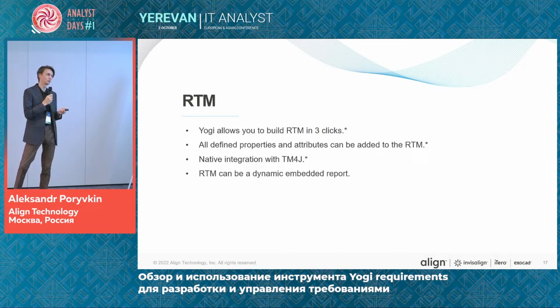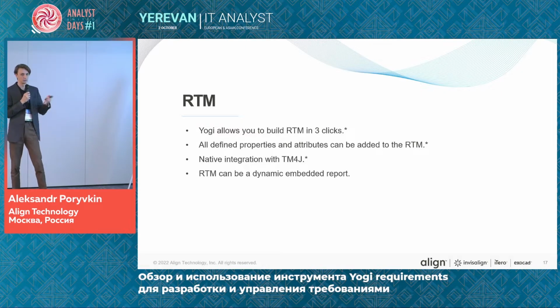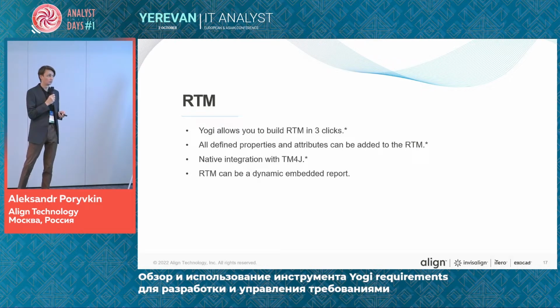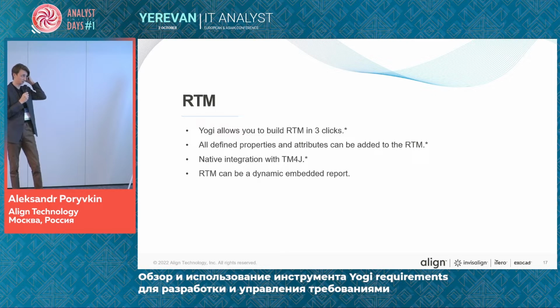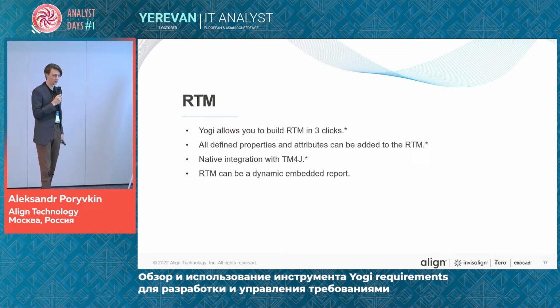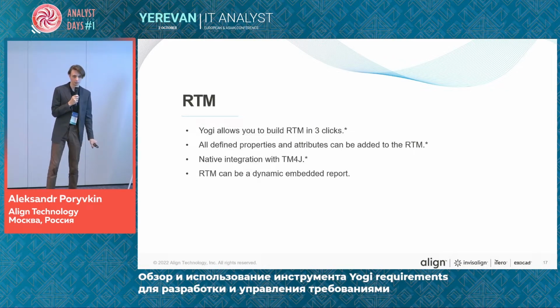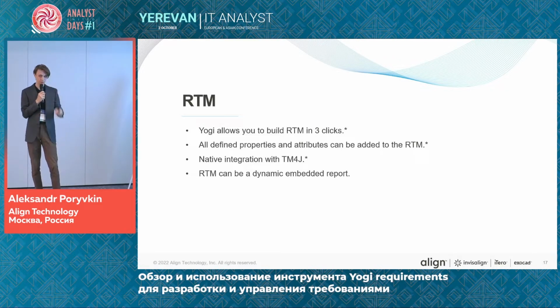All defined properties and attributes can be added to the RTM. In Yogi, it's like a constructor set. You put everything together and make something of it. Native integration with TMJ4.